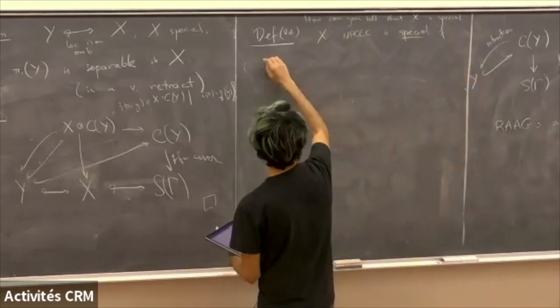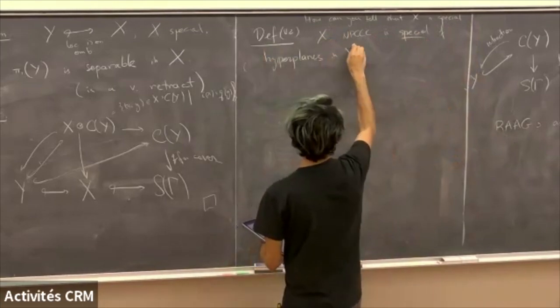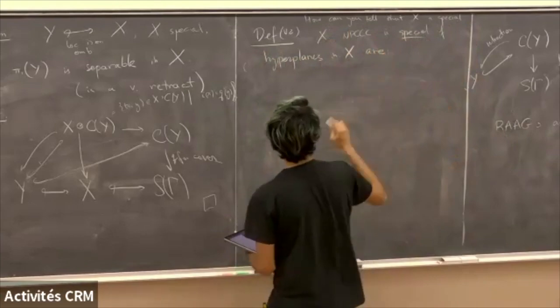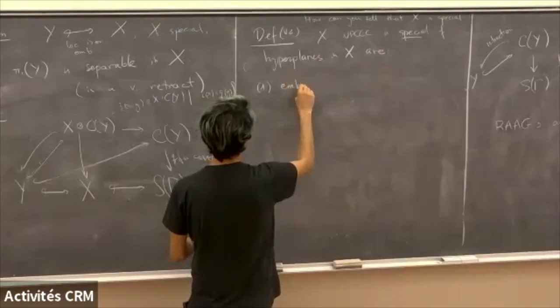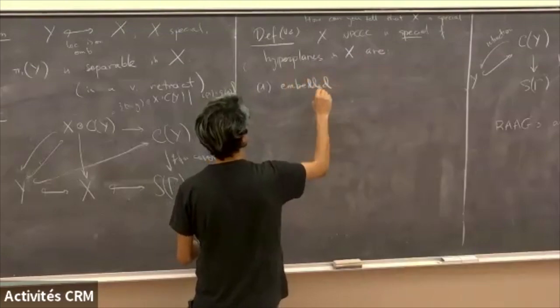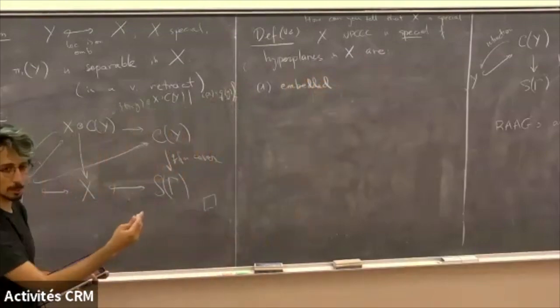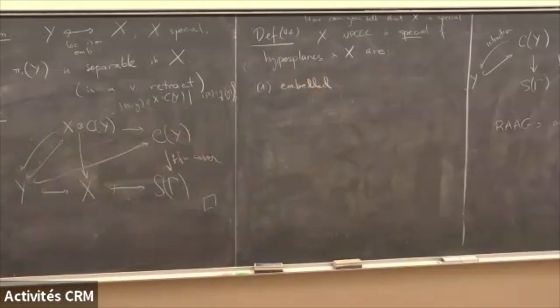The hyperplanes of X are, first of all, embedded. Remember that if X was CAT(0), you knew that hyperplanes are embedded, but if it's an NPC complex, they're not necessarily embedded.